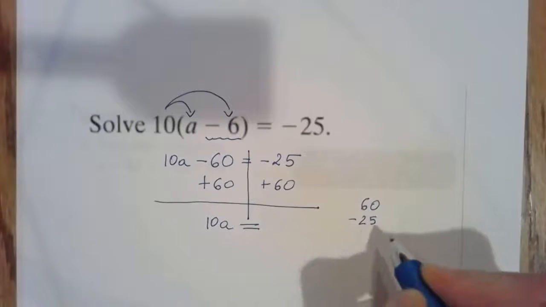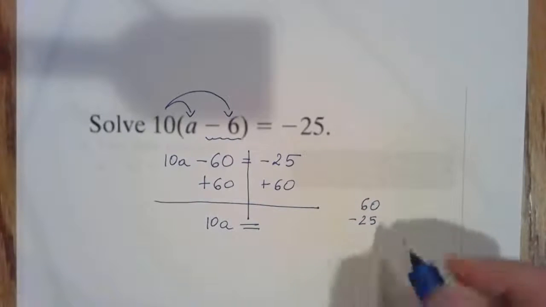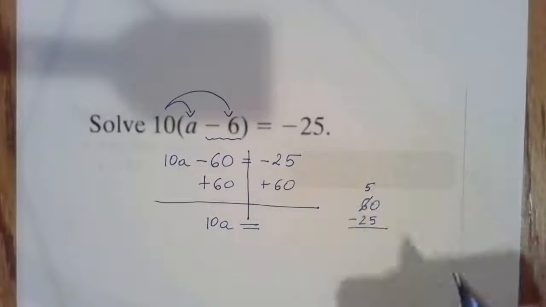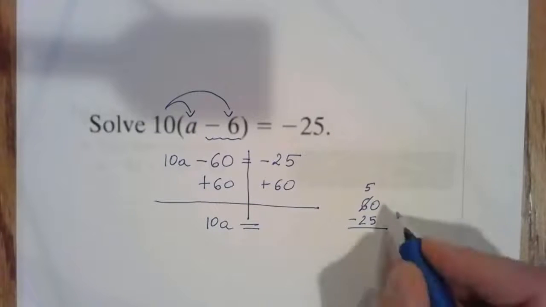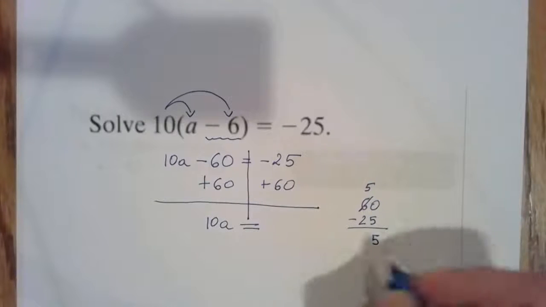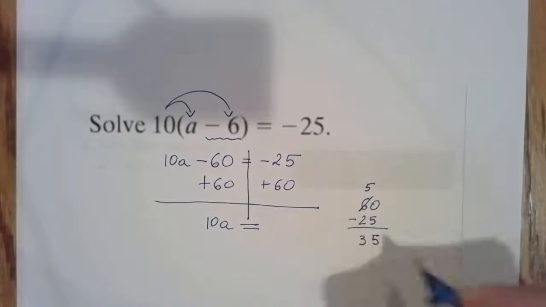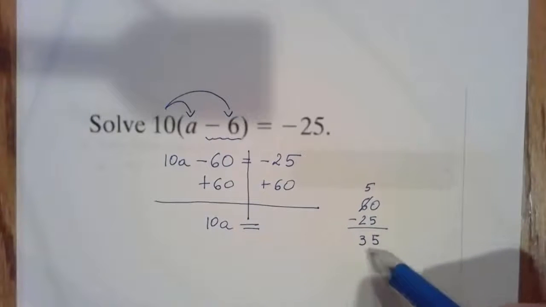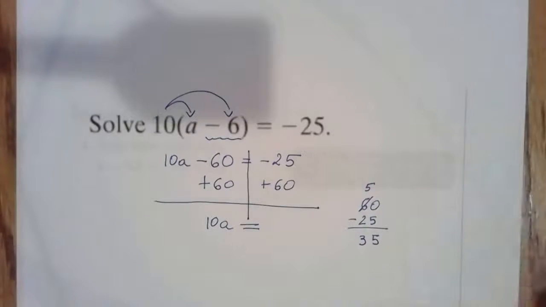I'm still subtracting a smaller number from the bigger number, so I'm going to regroup, which gives me 10. 10 minus 5 is 5. 5 minus 2 is 3. Which is 35. I'll check quickly. Is 25 plus 35 60? Yes, I did it correctly.